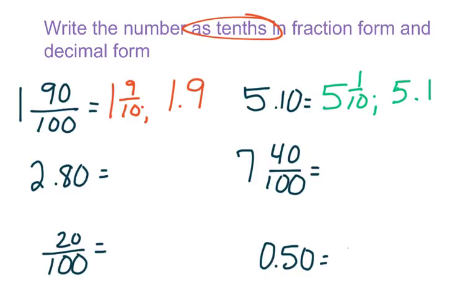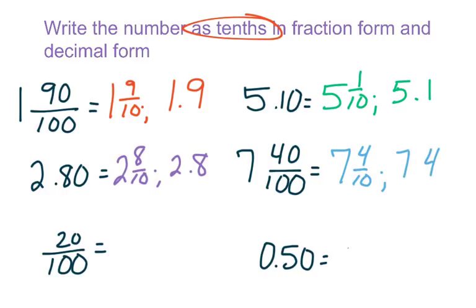Go ahead and give 2 80 hundredths a try. 2 80 hundredths would be 2 8/10, or 2 8/10. How about 7 40 hundredths? 7 40 hundredths would be 7 4/10, or 7 4/10.